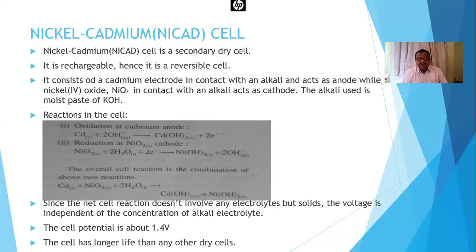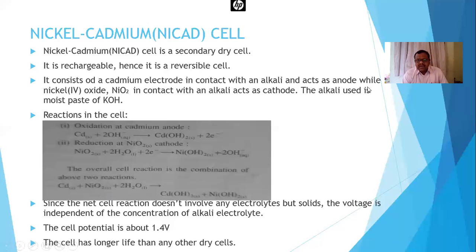This nickel cadmium cell is a secondary dry cell. It is a rechargeable cell and hence it is a reversible cell. It consists of a cadmium electrode which is in contact with an alkali.